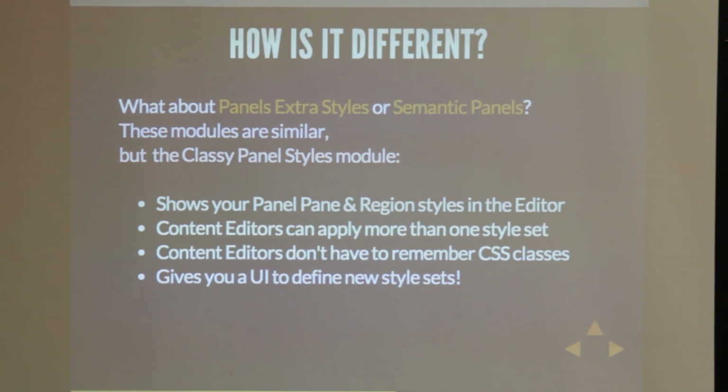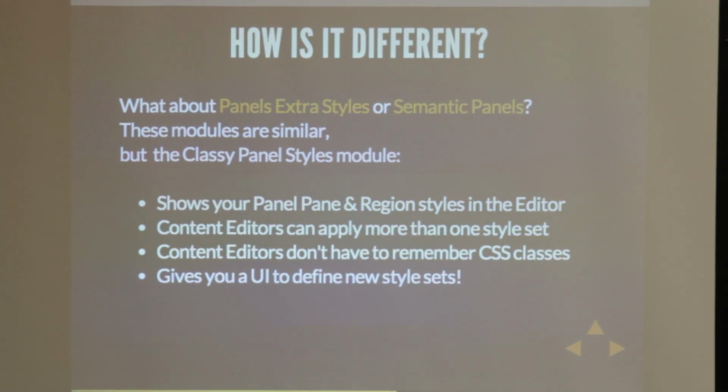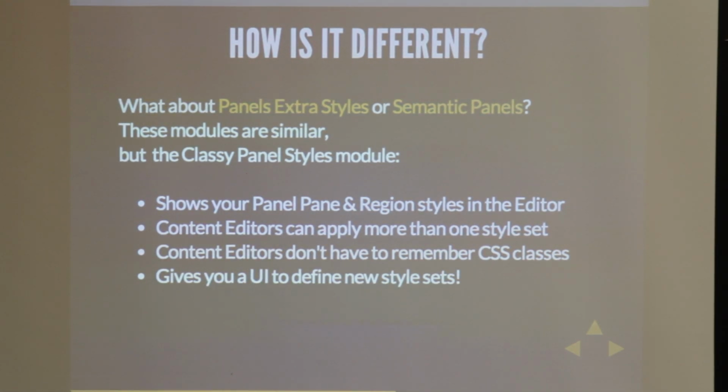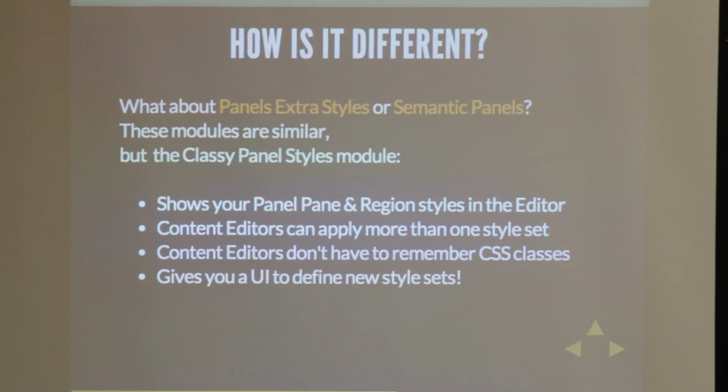So the Classic Panel Styles module actually allows the themer to define those styles in a much easier way. You don't have to create your own panel style plugin, which previously, if you wanted to create your own panel style and have it available on the pane or region styles setting page, you had to get a developer to go and write that code for you, right?